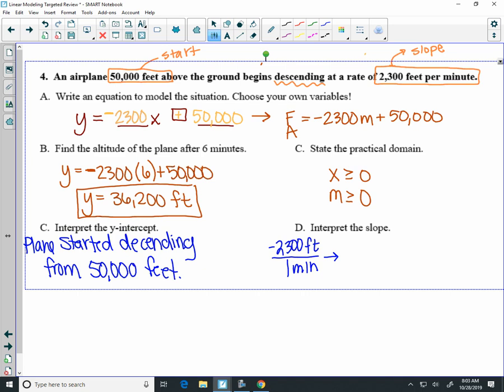And then we're going to make that into a statement, or a sentence. The plane is descending 2,300 feet per minute, or every minute.